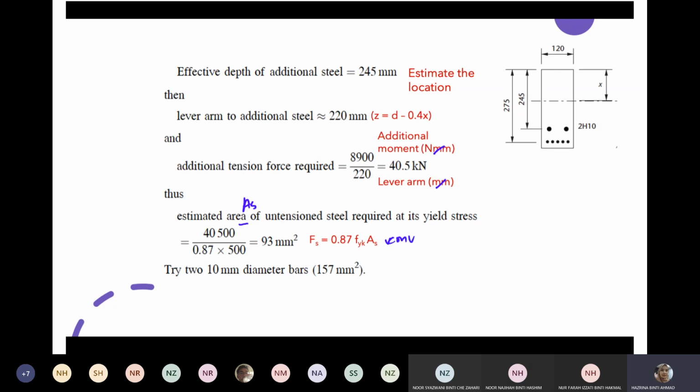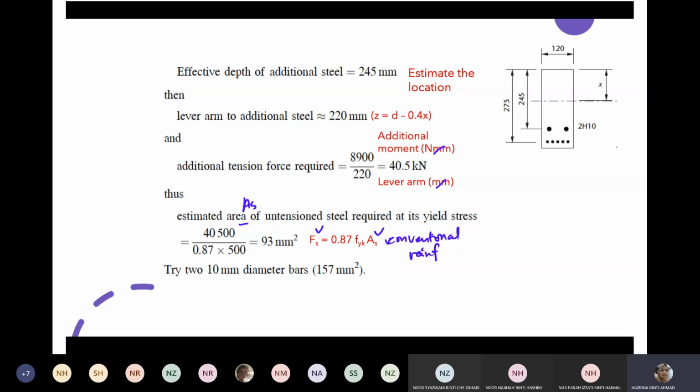This is particularly for conventional reinforcement. Here we just substitute the value of Fs, then we will be able to determine the value of As. This will be the As required.